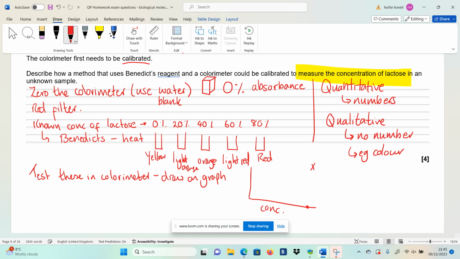So you're going to get everything up here. The light red one is going to absorb less. The orange one's going to absorb less. Light orange is going to absorb less. Yellow is going to absorb the least. So this is your absorbance reading, which is in percentage from the colorimeter. And we should call this graph here a calibration curve.